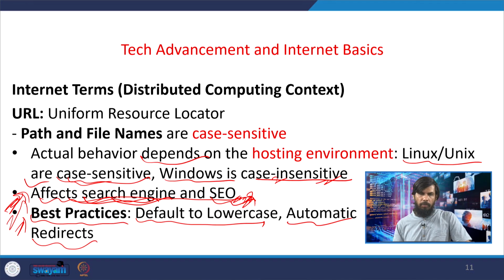Because of this case sensitivity issue connected to the environment, automatic redirects can actually solve this issue, right. So these best practices of lower casing and automatic redirect can address this issue. So in practice, we do not actually face much of an issue because of these kinds of practices.